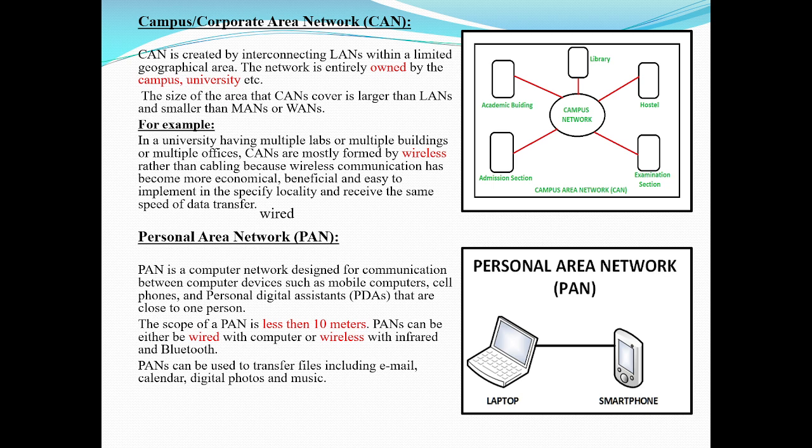Here also we can go for either wired or wireless communication connections. A PAN is a computer network designed for communication between devices like mobiles, cell phones, or personal digital assistants that are close to one person, and even a TV remote, using infrared and Bluetooth connections. For all these, the distance between them should hardly be more than 10 meters. By using a PAN, we can transfer files, including emails, calendars, photos, videos, music and more.